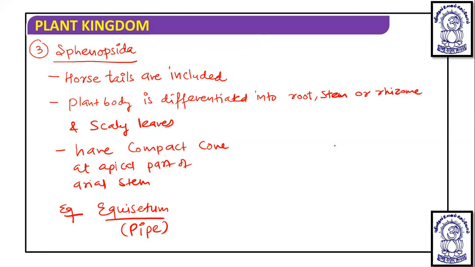Now if we draw the diagram of this Equisetum, we come to know that it looks somewhat like this. There is a presence of a strobilus at this particular end, and this strobilus is also known as cone.